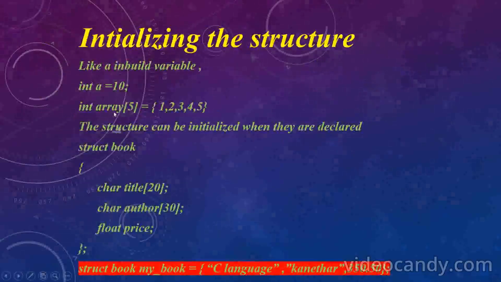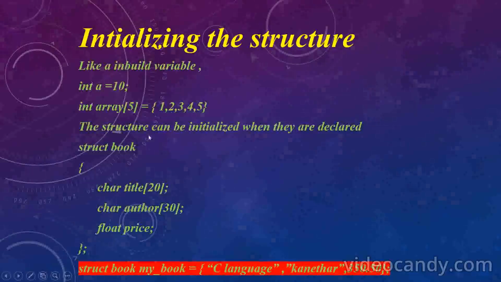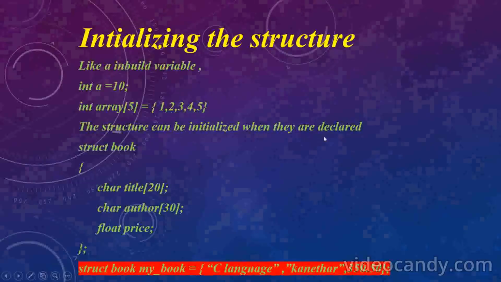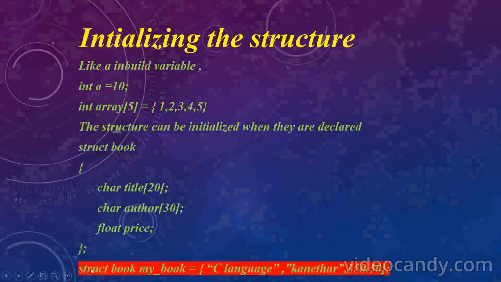Here we have an array of how many elements? 5. Of which type? Integer, and its values will be 1, 2, 3, 4, 5. Similarly, a structure can be initialized while declaring it. So here I have declared a structure struct book with char title[20] and so on, and here I am initializing.